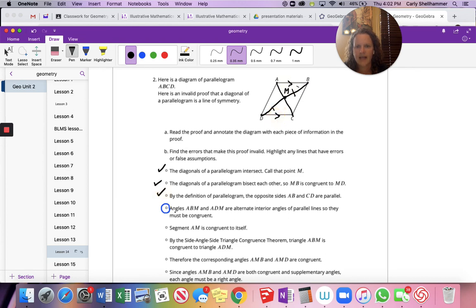Check. Angles ABM and CDM are alternate interior angles of the parallel lines. No. ABM is here. It's congruent to this one. So ABM is congruent to CDM.